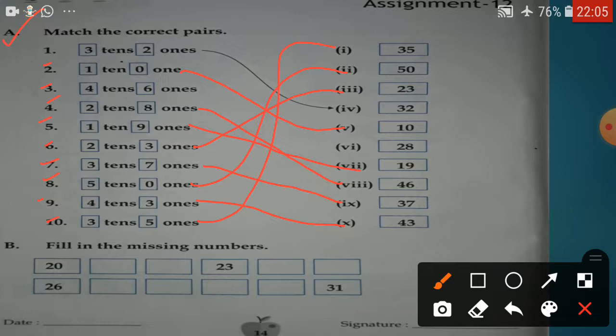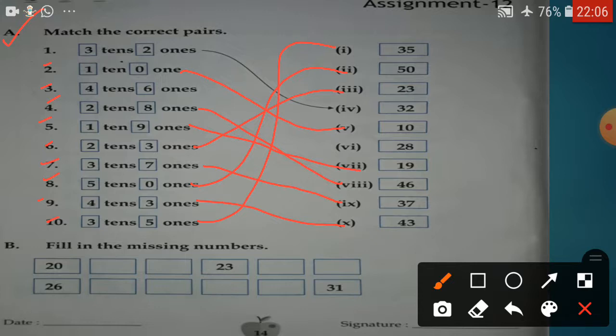Next, children, fill in the missing number. You know 1 to 20. Now you practice chapter 3, 1 to 50. Numbers means 1 to 50 in total. So after 20 you know 21.